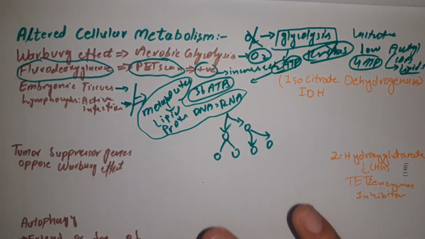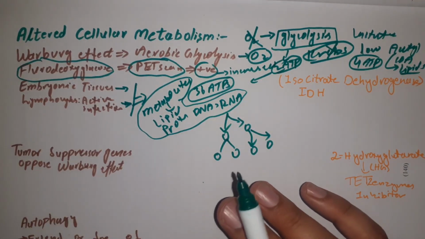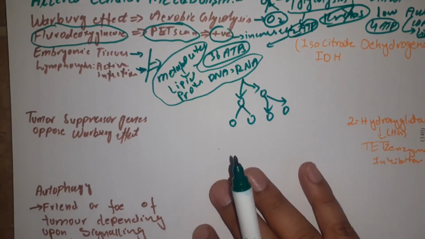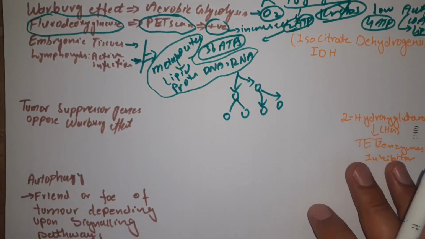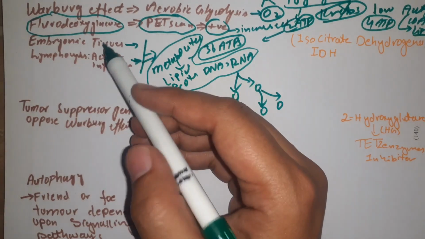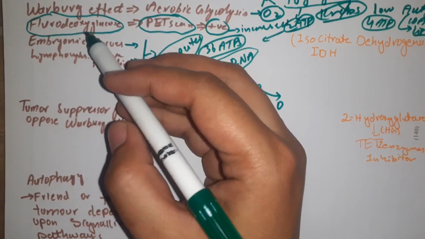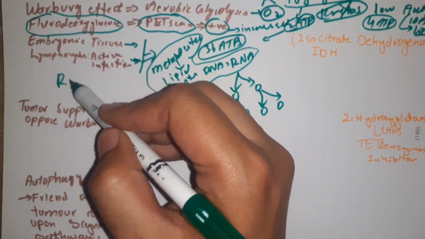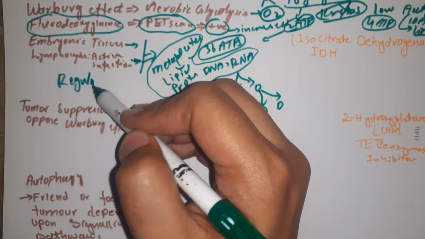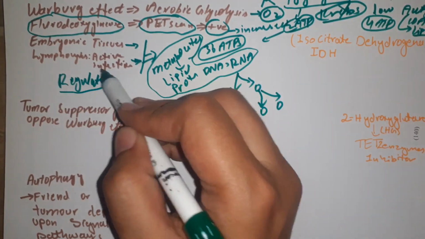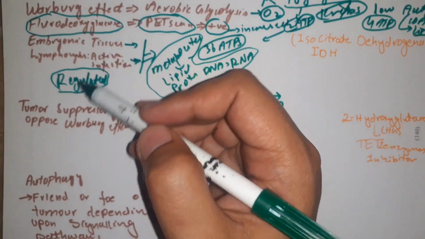So this phenomenon is known as the Warburg effect. In normal cells, for example embryonic cells and lymphocytes, this process of the Warburg effect is regulated. Cells rely on aerobic glycolysis only at the time of need. When the need is over, this process shuts down.